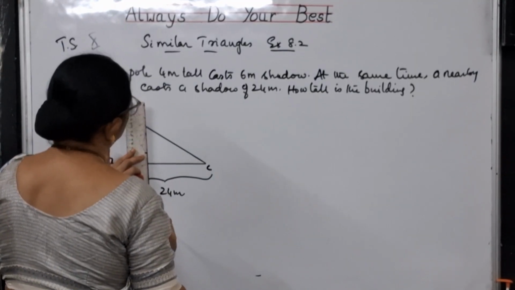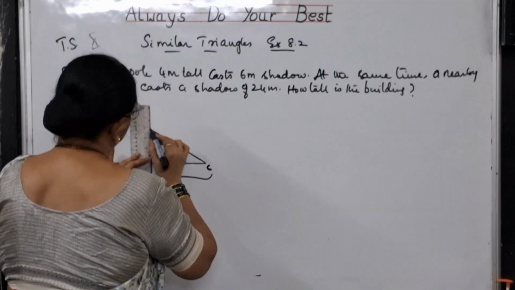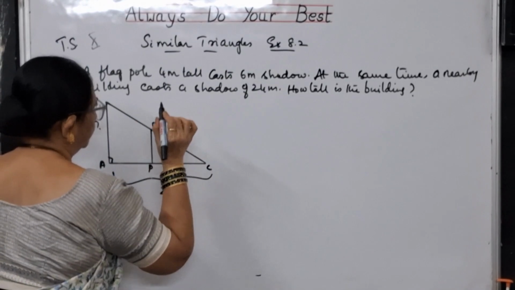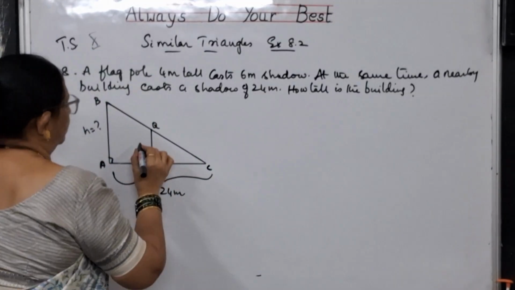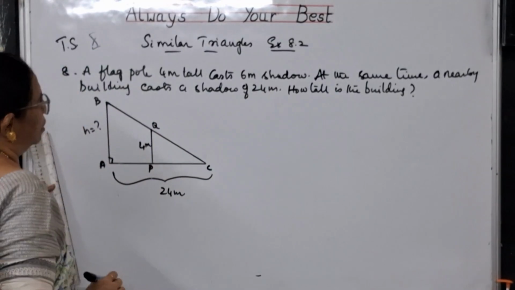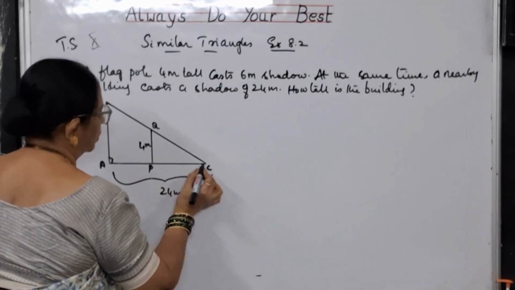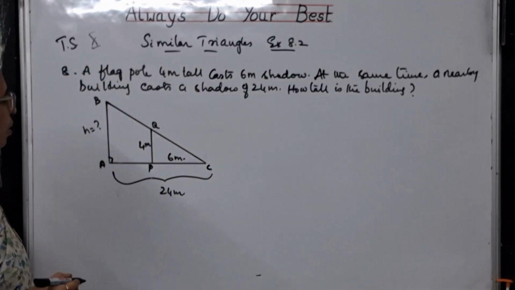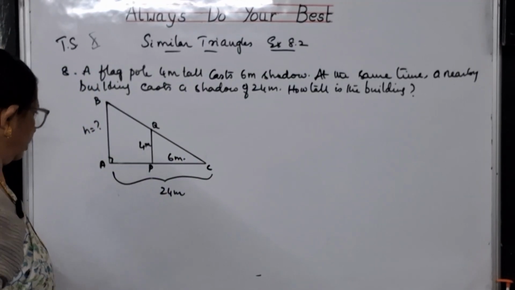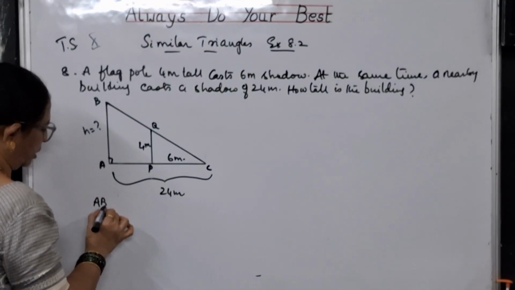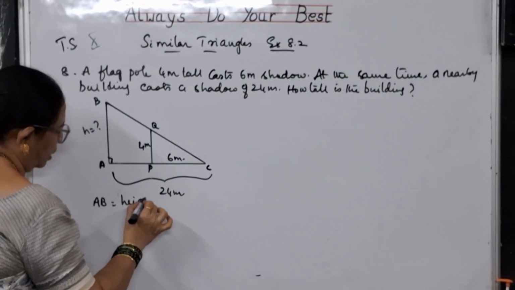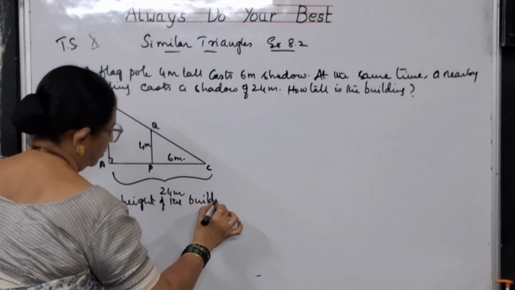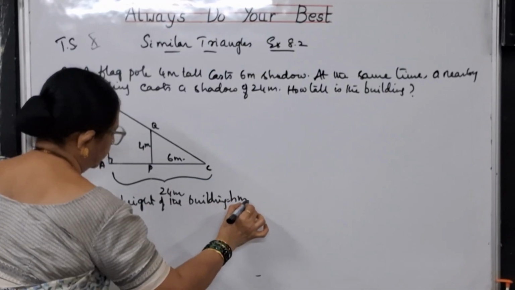And at the same time, there is a pole. Let me consider PQ is the pole which is 4 meters tall. And this is the shadow cast by this pole. This is 6 meters. Now the question is how tall is the building? So let me write AB is the height of the building. This is H meters.